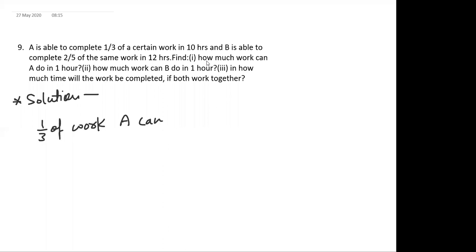So 1 upon 3 of work A can do in 10 hours. So you will write time in which A can do full work.